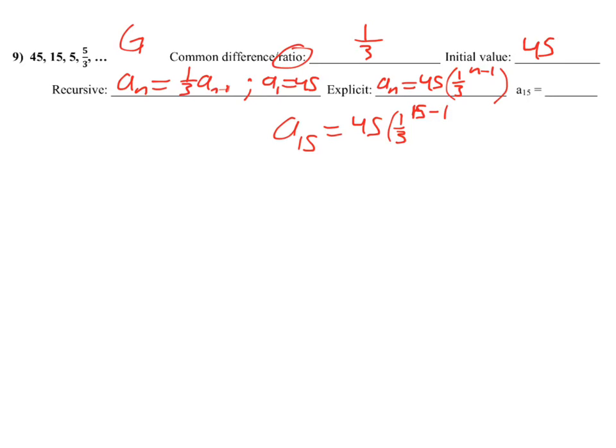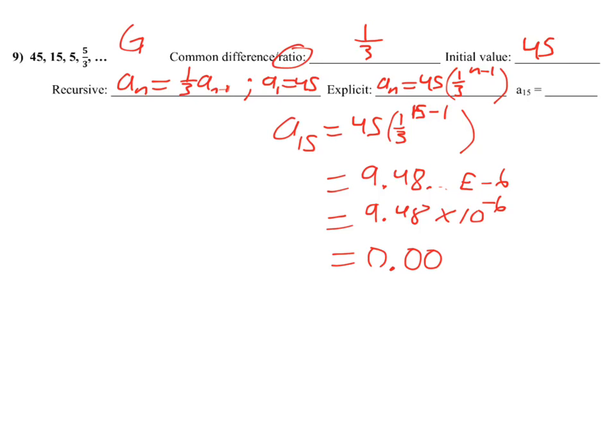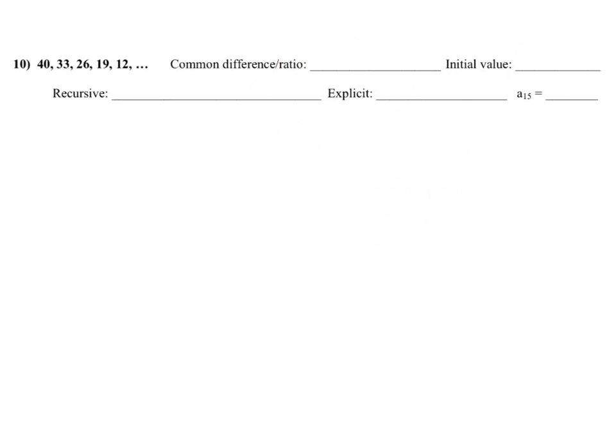And when you do that, you're going to get 9.48, a bunch of stuff, and then e negative 6. Well, that just means it's 9.48 times 10 to the negative 6 power, which if you convert it to a decimal is going to be 0.0000009 if you were to round it. So that's what you're going to get for that one.